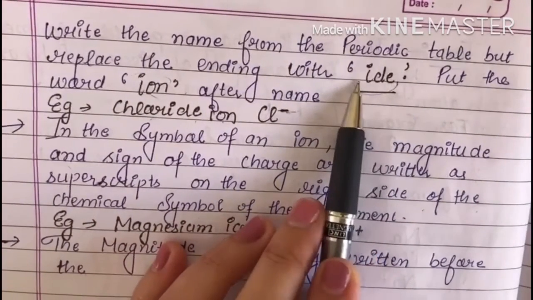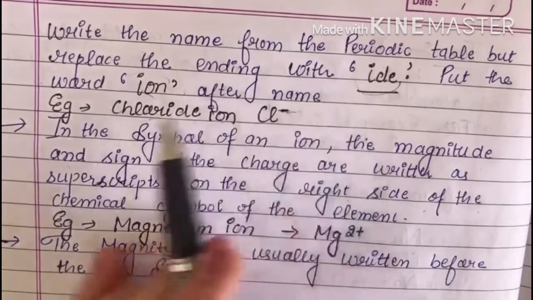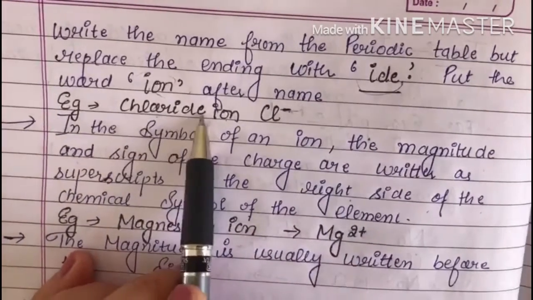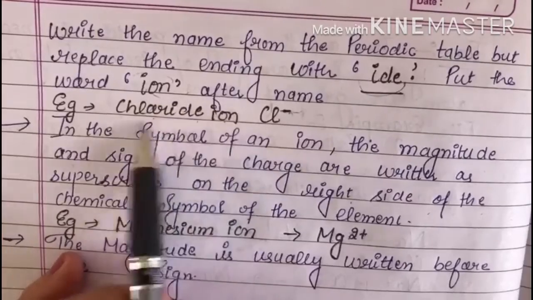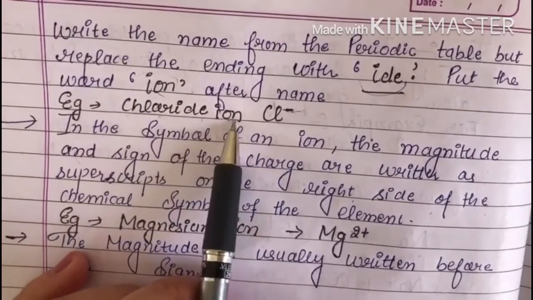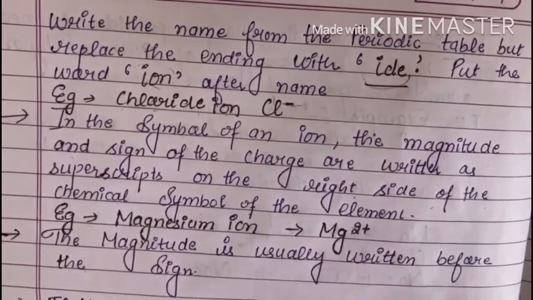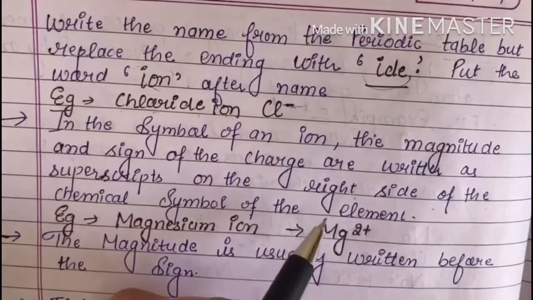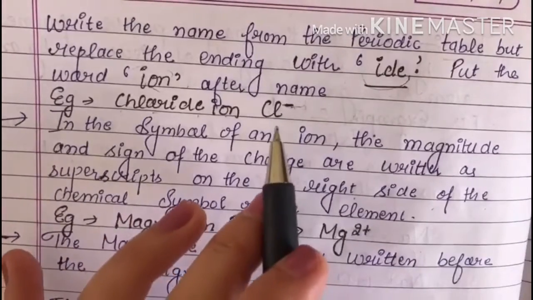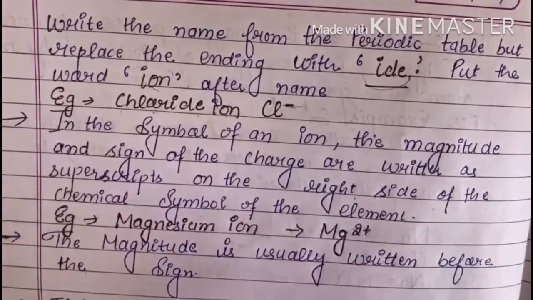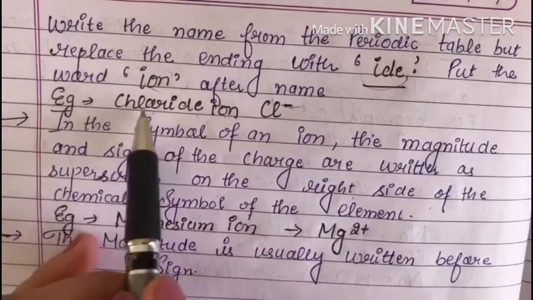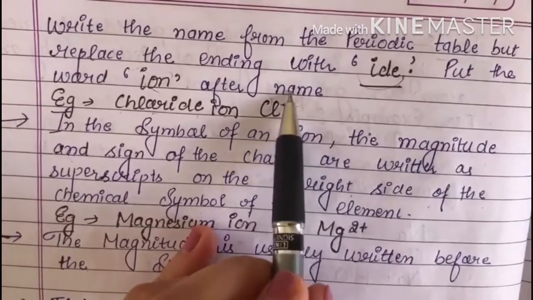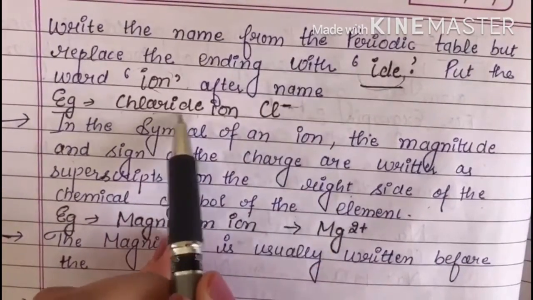We have to replace the ending of chlorine with "ide." We write chloride, and then we write down ion. This is called the chloride ion. So in case of positive ions, we only write ion after the name, and in case of negative ions, we first write the "ide" name and then ion.